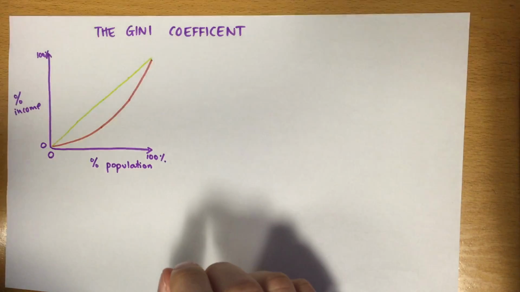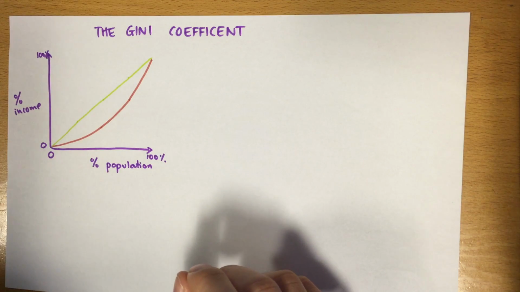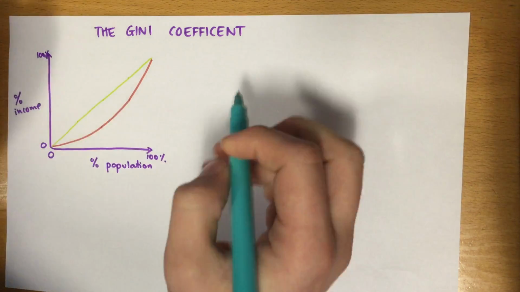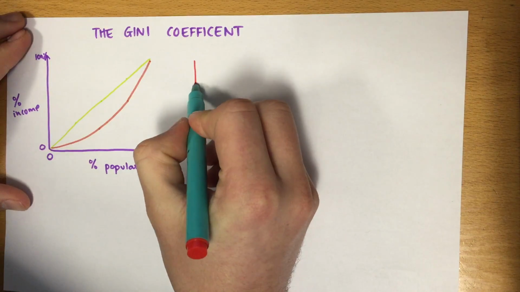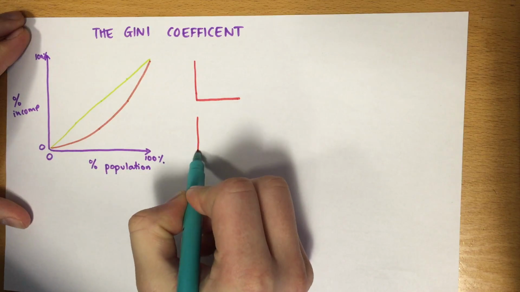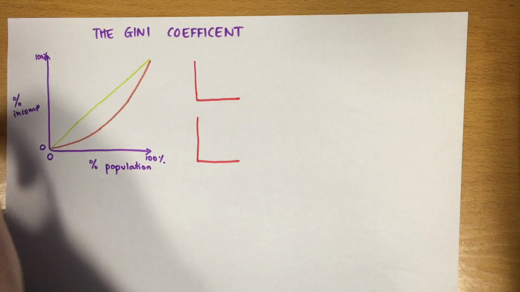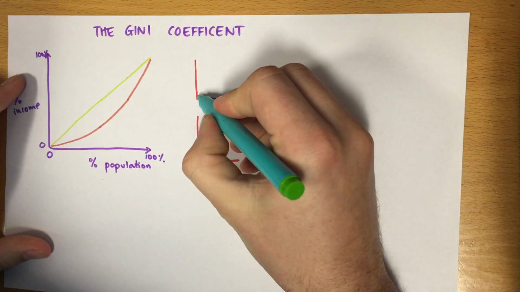So how do I actually work out the coefficient then? Well, let's think of two extreme examples to start off. Imagine I had exactly the same axes. Again, I've got income and population here. On those two graphs I'm going to draw those two lines again.